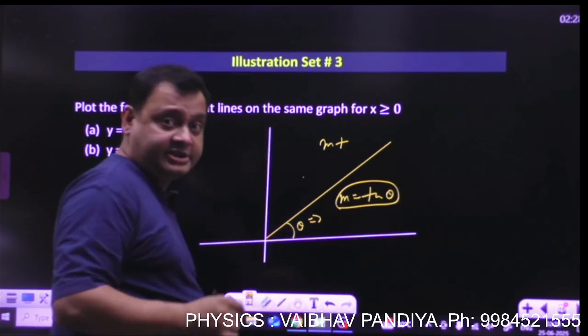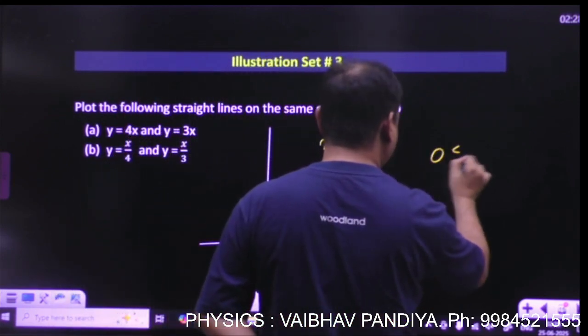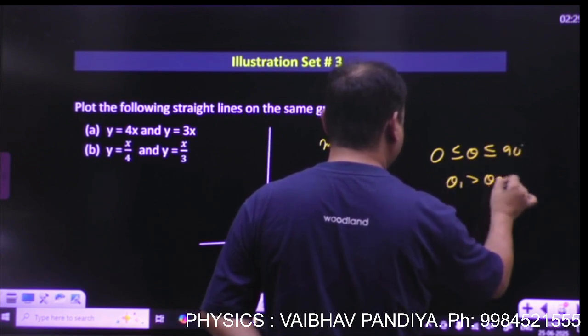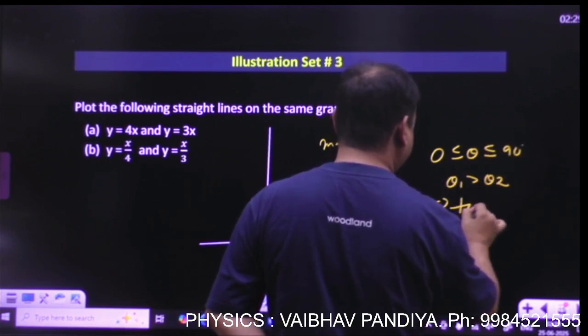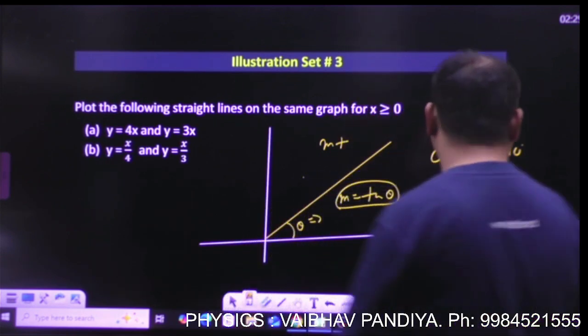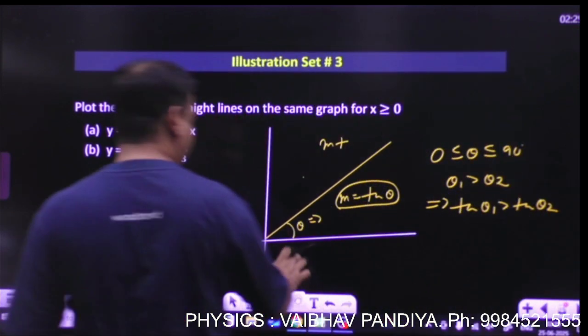From 0 to 90 degrees, tan is an increasing function. What it means is, if theta 1 is greater than theta 2, then surely tan of theta 1 is greater than tan of theta 2. Got it?